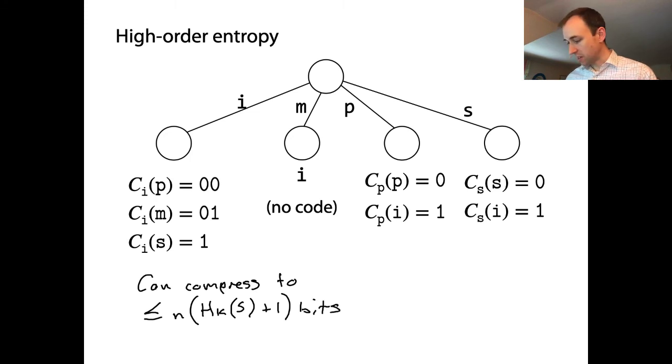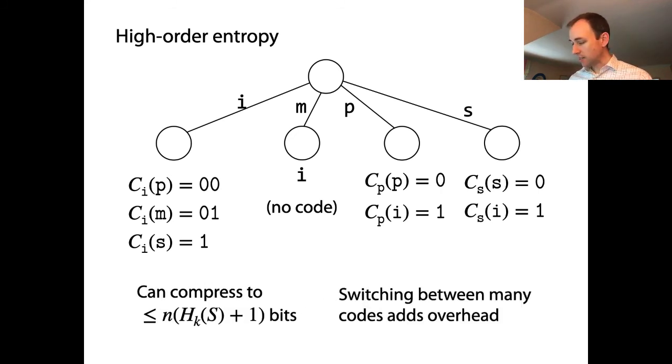Okay? Just like we said before with Huffman coding and the zero order empirical entropy, except that we had a 0 down here. Now we can compress down to the kth order empirical entropy, right? And increasing k is only going to reduce that empirical entropy, because the more context we consider, the more predictable the next character is going to be. Okay? But it comes at a cost, obviously, right?